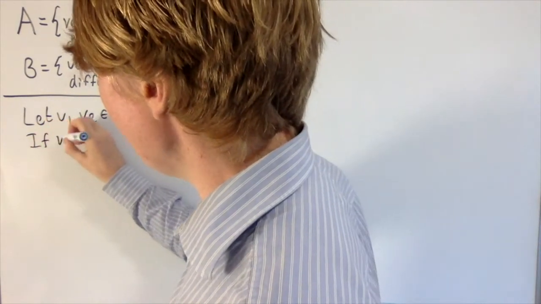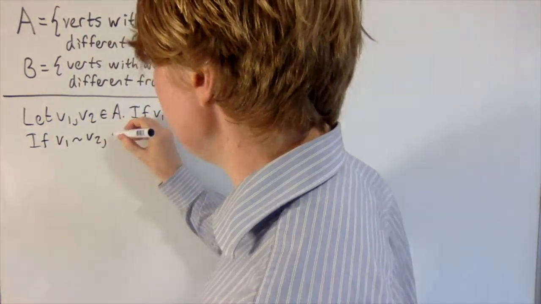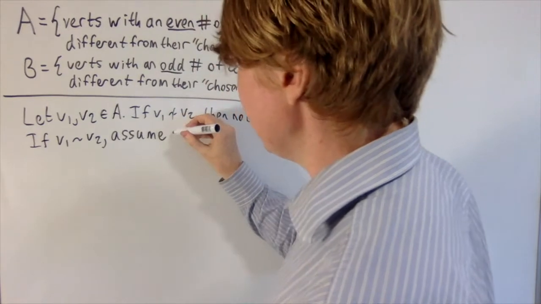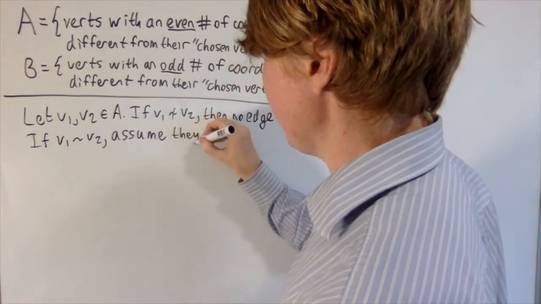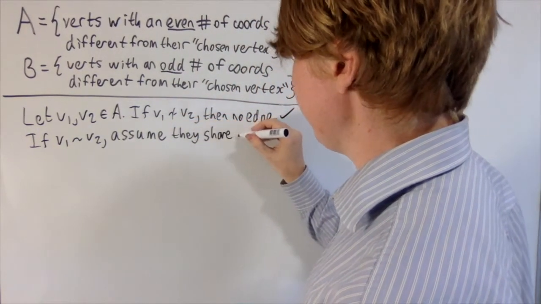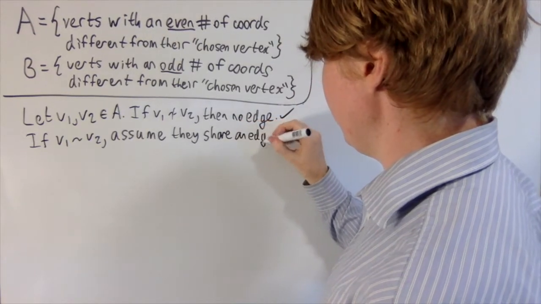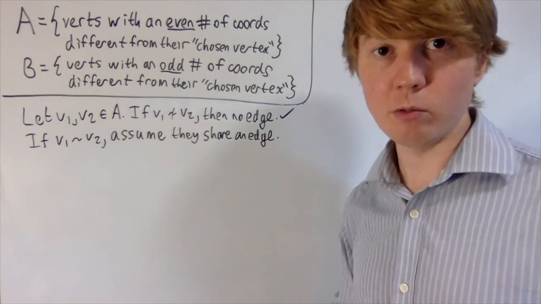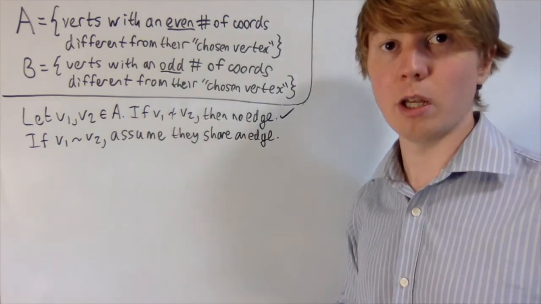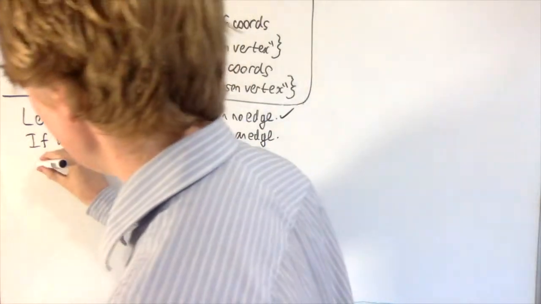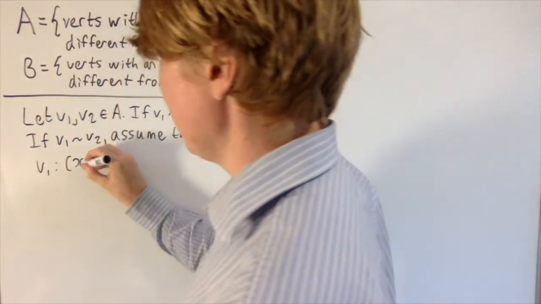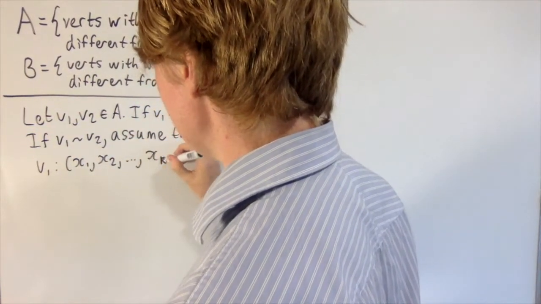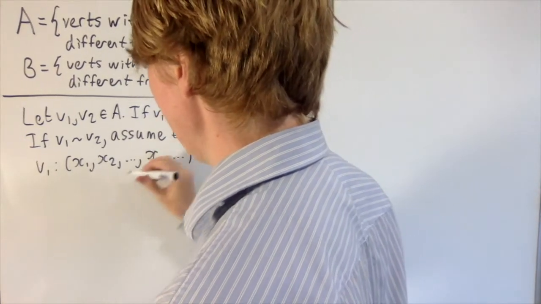So now, if they are in the same equivalence class, we'll assume for a contradiction that they share an edge, which means that they have exactly one coordinate entry which is different. If I write out V1 with coordinates x1, x2, and so on, then we'll say that xk is the one that's different between them.